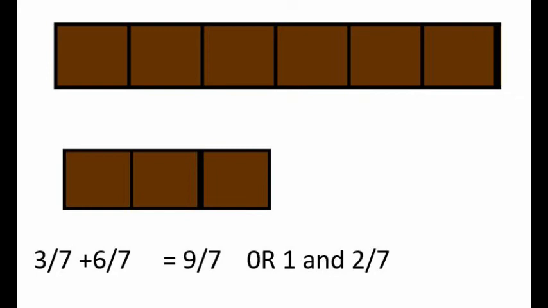We call this an improper fraction when the numerator is bigger than the denominator. So the number on the top, the numerator is 9 and the denominator is 7. We call this an improper fraction. So it's 9/7 or 1 2/7. If you think of it along chocolate bar terms, it means you would have one whole chocolate bar and 2 chunks of another one, or 2/7.